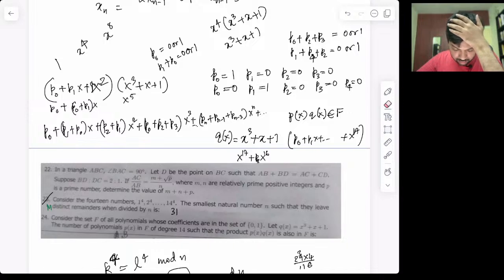Like P13, we cannot tell what it is, but just like x power 17, x power 16, x power 13 into x power 3, but x power 15 into x, yeah, so this is not complete.